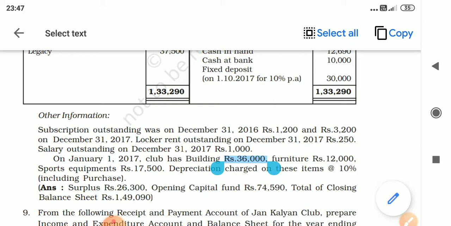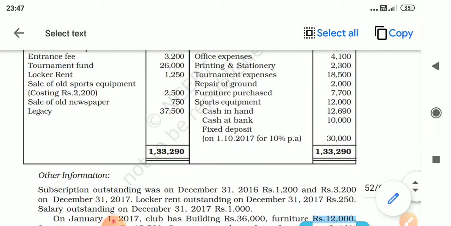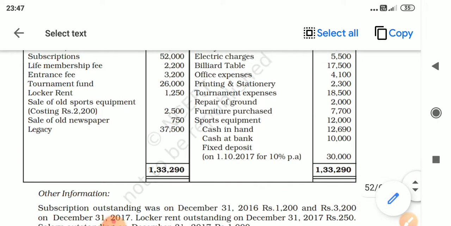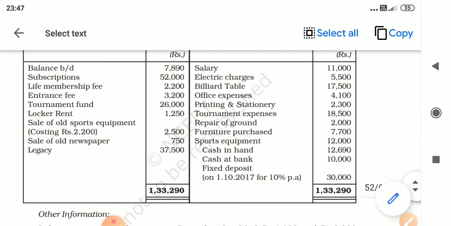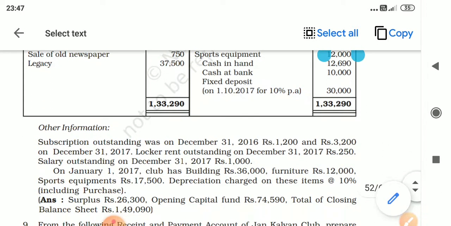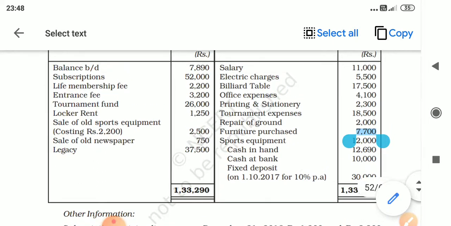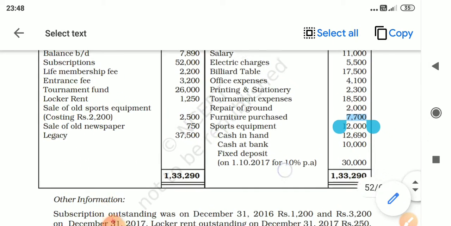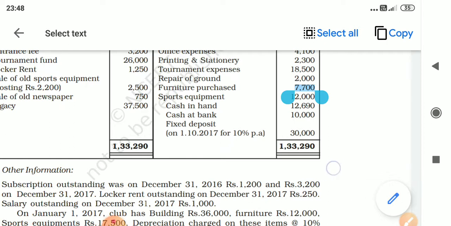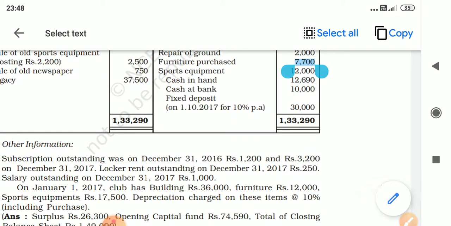Okay, done with building. Now coming to furniture. Furniture opening balance is 12,000. It will appear in the opening balance sheet, that I have already told you. Is there any furniture purchased? Yes, we do have furniture purchased, 7,700. We have to add this. Do we have any furniture sold? No. So 12,000 plus 7,700 is 19,700.